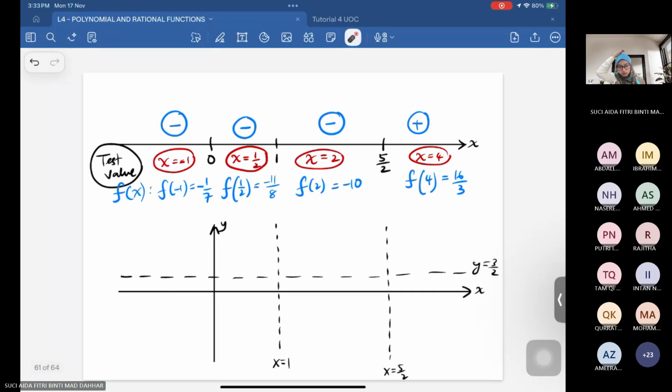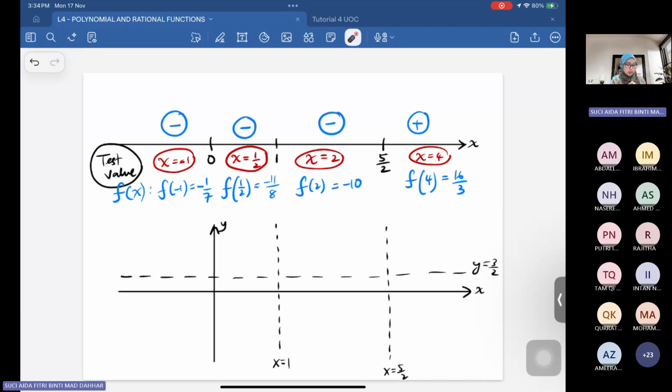Wait. This is x equals to 0. Is this negative? Let me check again. Calculate x equals to negative 1. Negative.